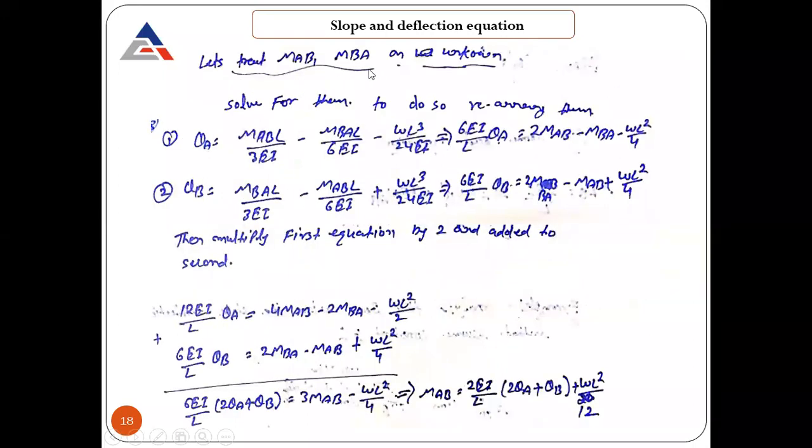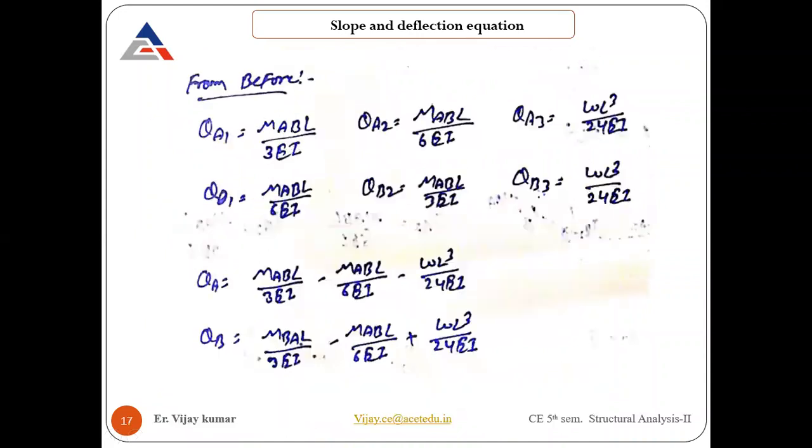MAB and MBA are unknown here, because theta we already calculated. EI is constant, so otherwise there are only numbers. So there are two unknowns, MAB and MBA. We know the values of theta A and theta B also.